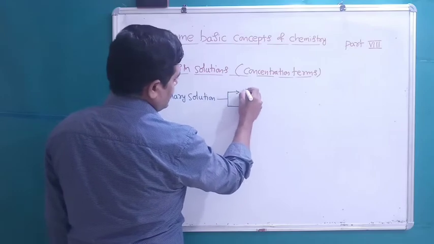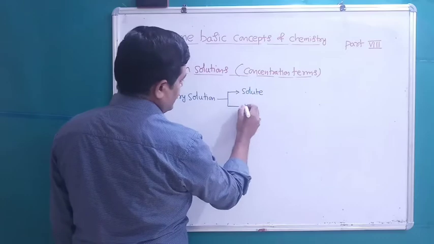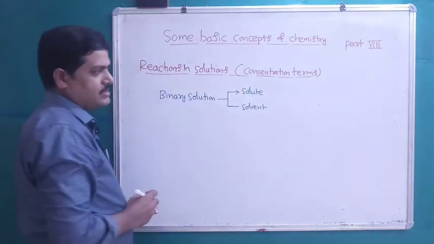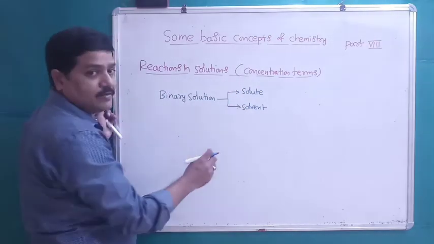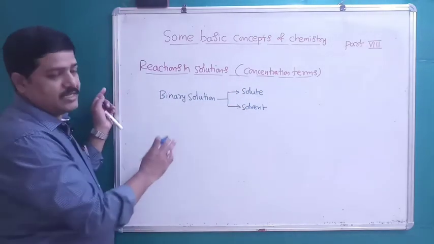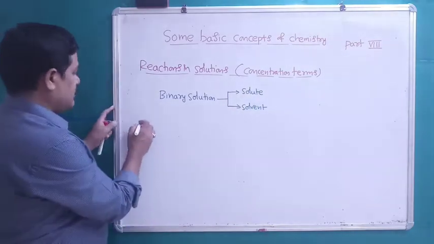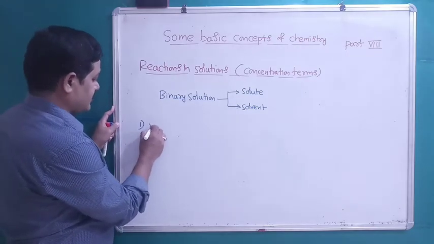One of the components is called the solute, the other component is called the solvent. At the start of the chapter we discussed how to decide the solute and the solvent.